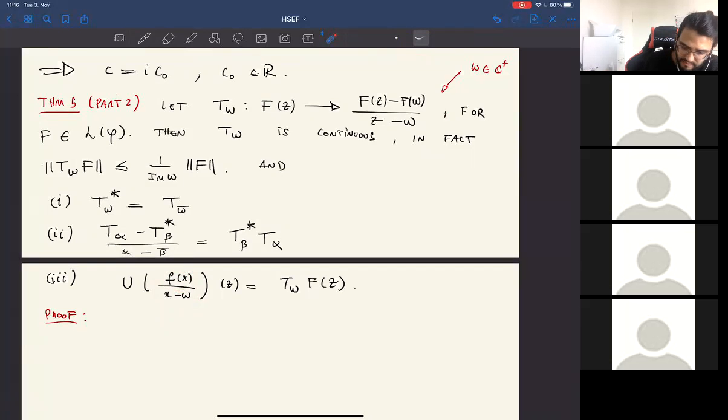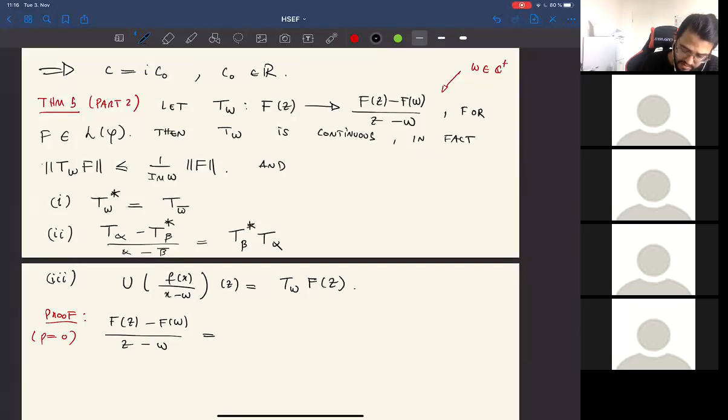And then 3 is just a very simple thing, because if I do f of z minus f of w divided by z minus w, then, again, I will assume that p equals 0 here, and I will leave you to fill in the details for the other ones.